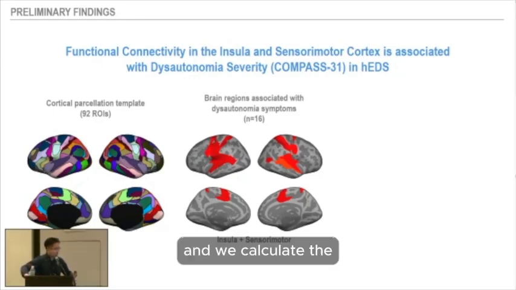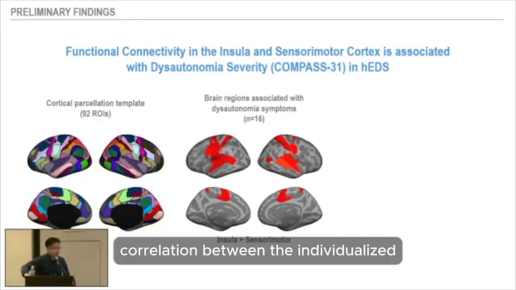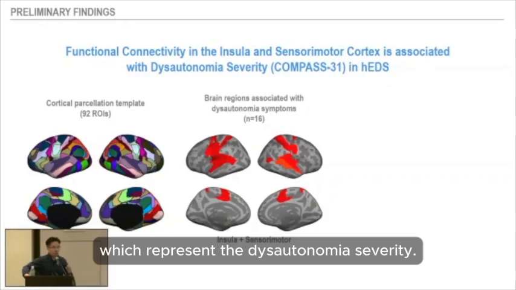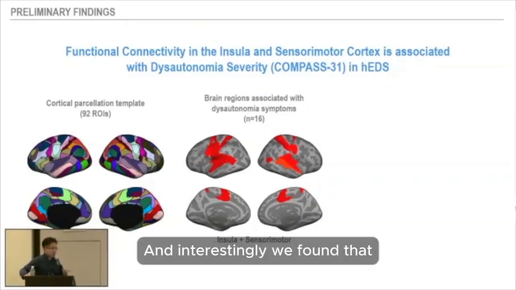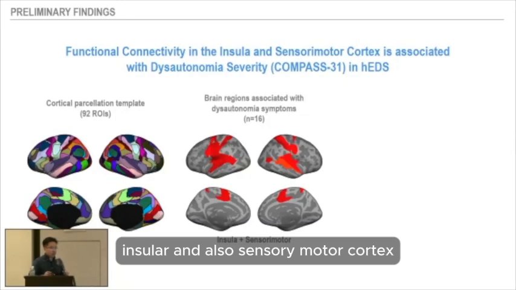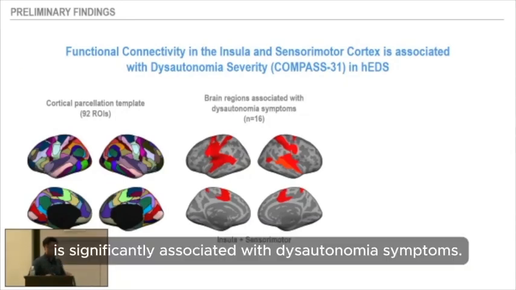We calculate the correlation between the individualized functional connectivity and the COMPASS score, which represents the dysautonomia severity. Interestingly, we found that functional connectivity of bilateral insular and also sensory motor cortex is significantly associated with dysautonomia symptoms.